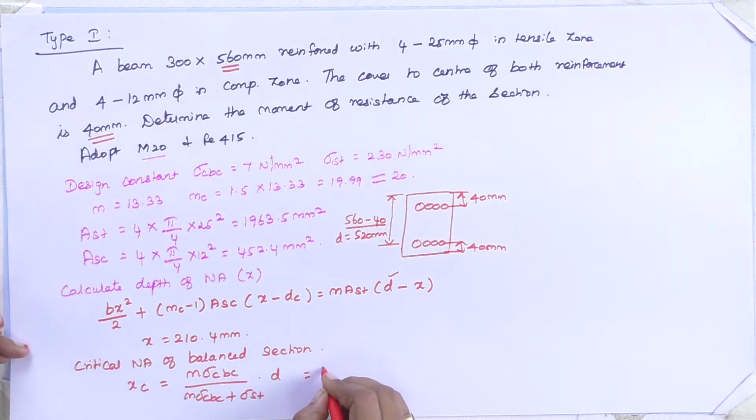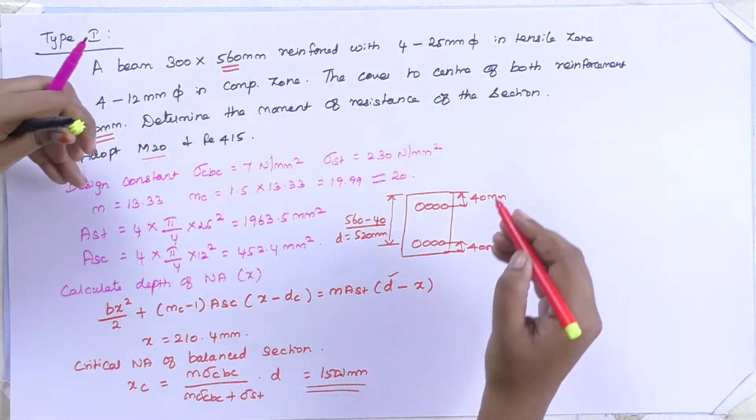This one you can get as 150.1 mm. Here the x value is 210, whereas the critical depth of the neutral axis is 150. This 210 is going beyond this 150, so your concrete will be the governing area here.